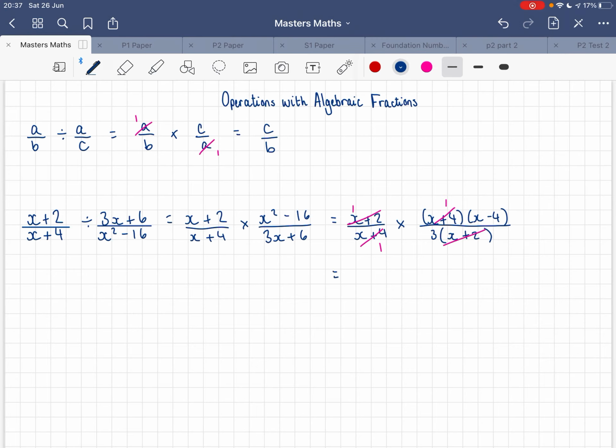So 1 times x minus 4 is x minus 4, and 1 times 3 is 3. So it becomes x minus 4 over 3. Again, much easier than multiplying it all together and then trying to factorize and simplify at the end. Really easy to miss things that you can cancel out if you had done the multiplication at this stage.